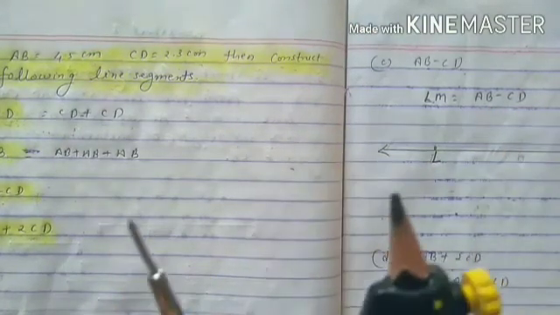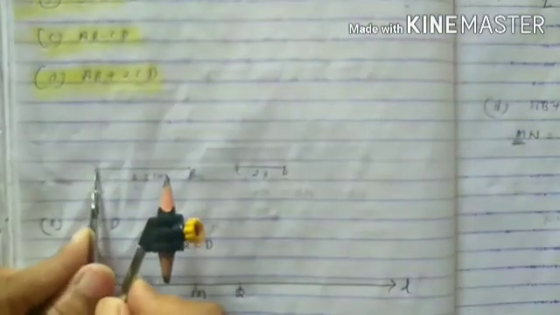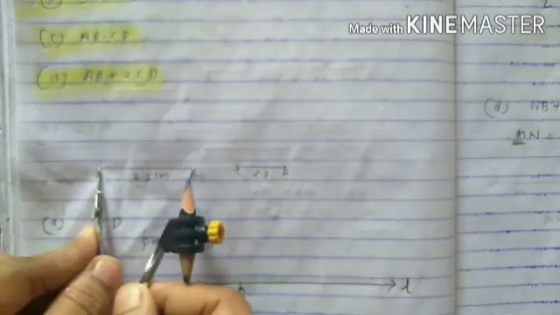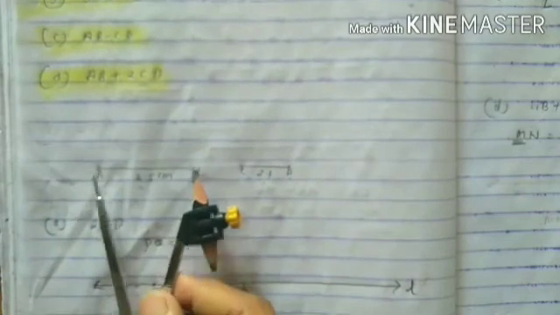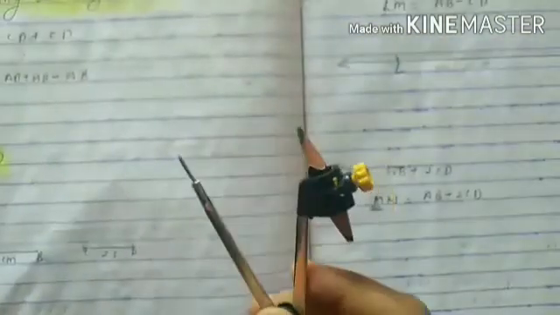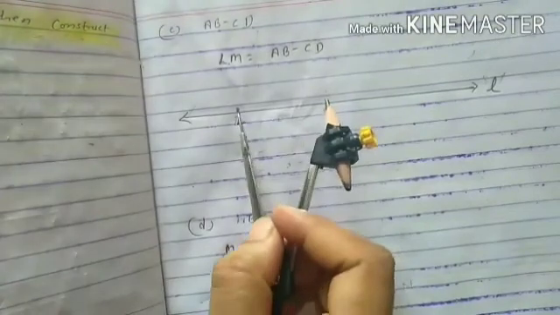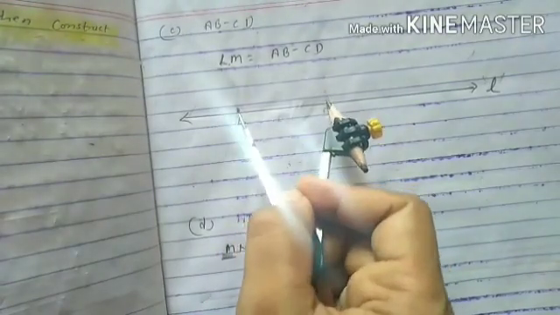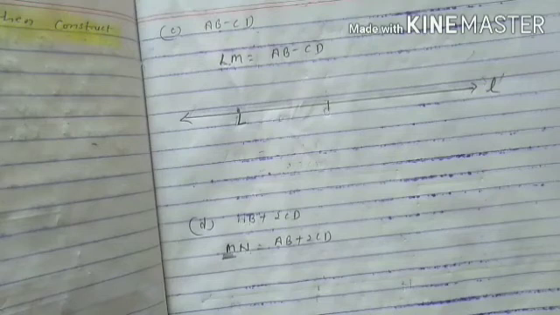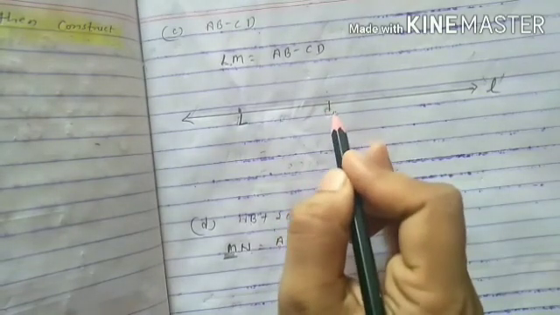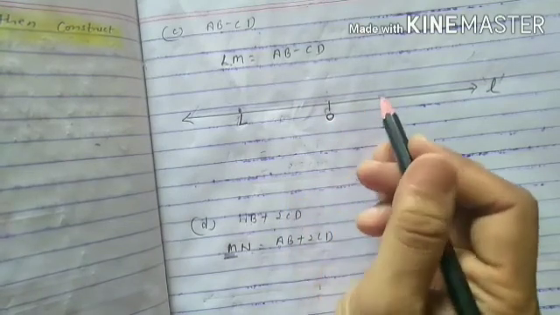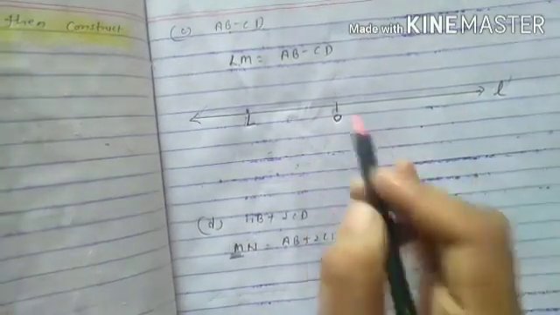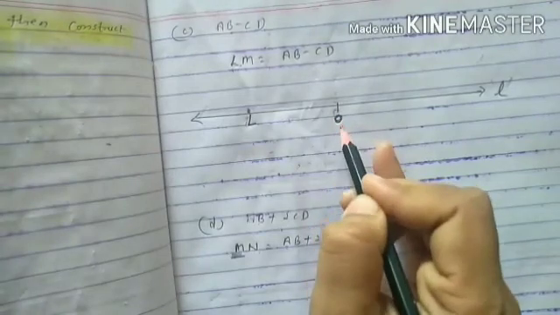So first, take compasses, put this metal point at A and pencil point at B. Now without disturbing it, keep this metal arm at L and draw an arc. Let us give it the name O. You can give it another name also like E, F. P, Q are already used. So I am giving it the name O.